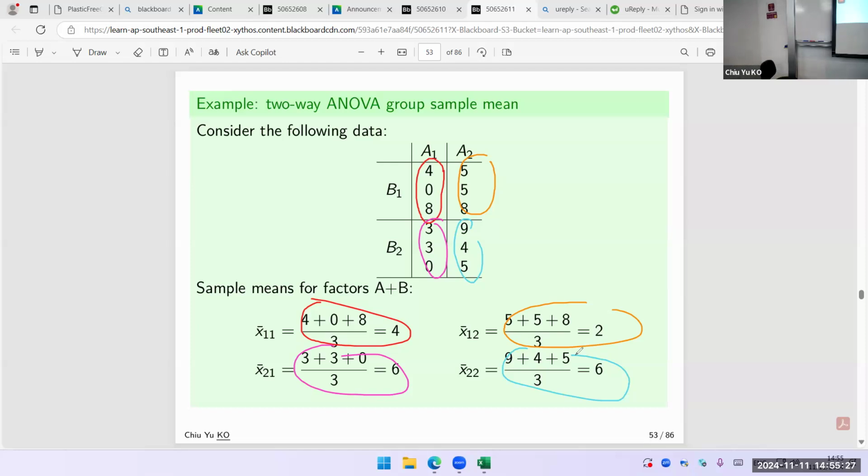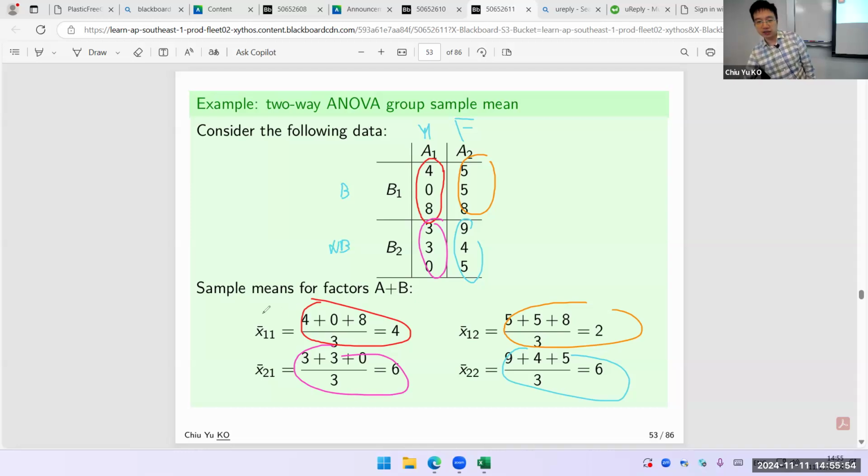Because I want to estimate, say A may be man and woman, B may be B school or non-B school. This is the mean of male in B school within the group. So this is the group. I just focus on, say, this is male, this is female. Suppose this is the B school, this is non-B school.